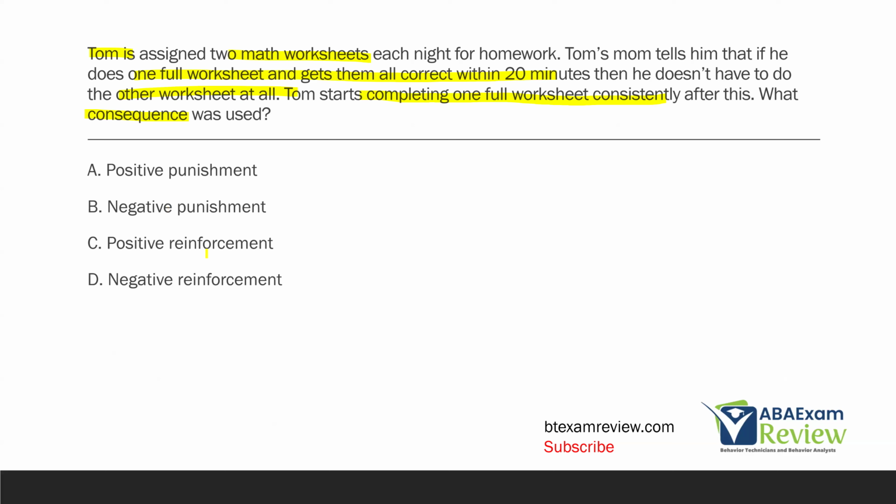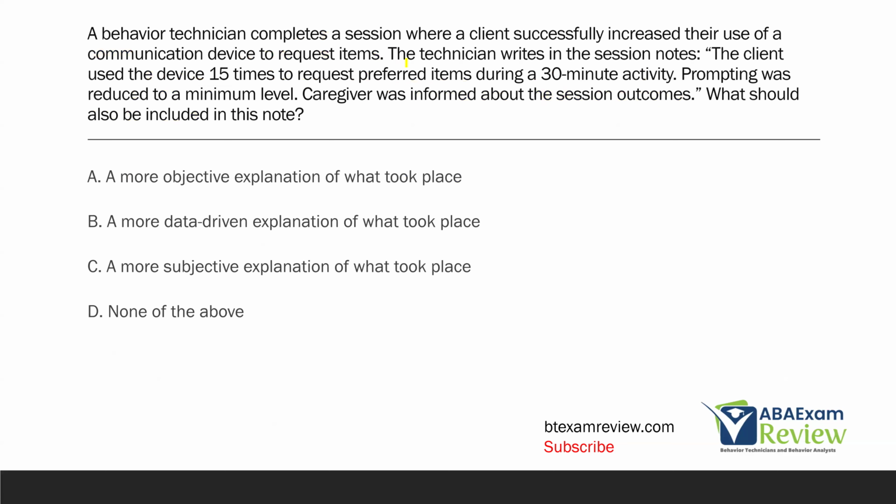If we look at C, positive reinforcement, it is reinforcement. The behavior did increase, but it isn't positive because Tom escaped. Escape avoidance is associated with negative reinforcement. Tom, by doing one full worksheet, escaped having to, or avoided having to do the other worksheet at all. So the consequence that was used was D, negative reinforcement.